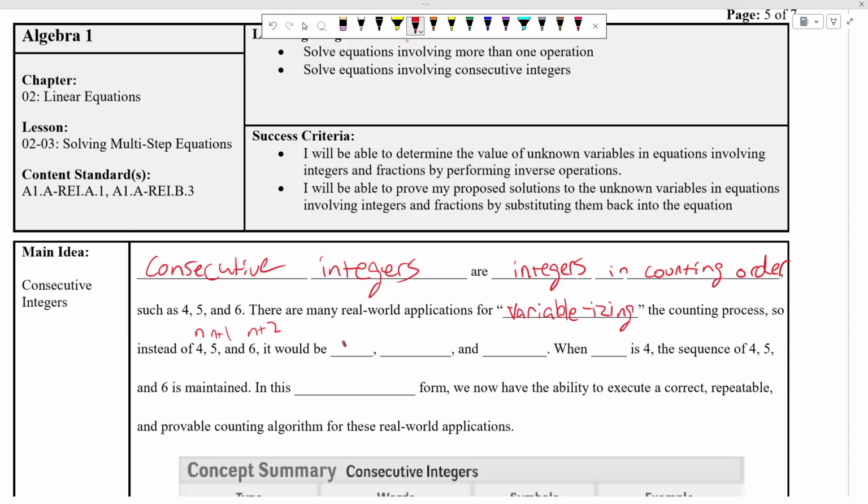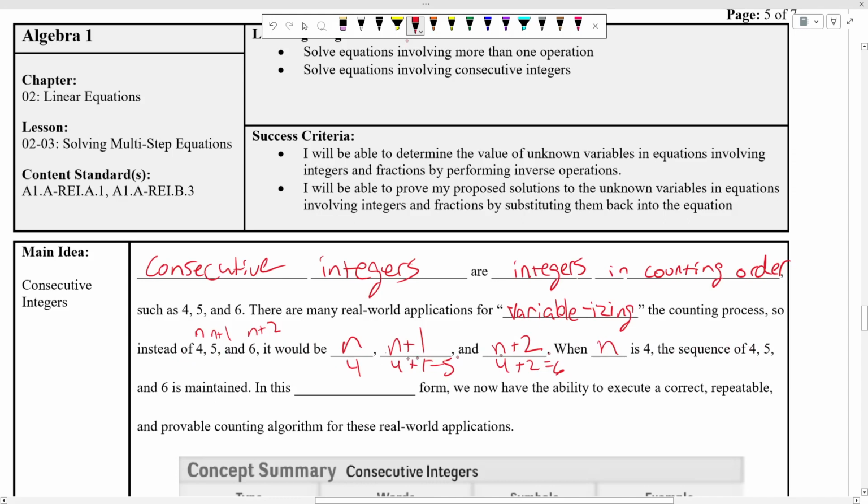Okay, so variabilizing the counting process. Again, I will reiterate: it would be n, n plus 1, and n plus 2. If I substituted n to be 4, this would be 4 plus 1, and this would be 4 plus 2, and I would get 4, then 5, and then 6, just like before.